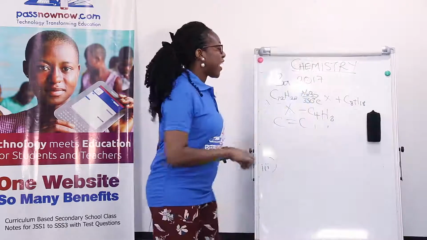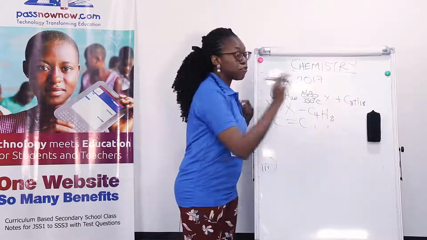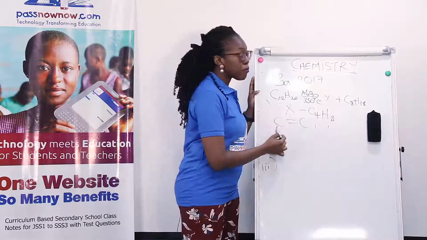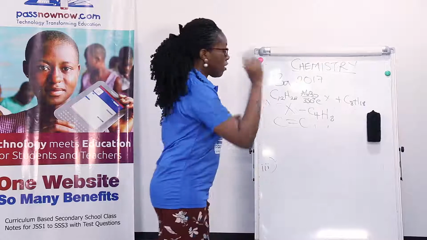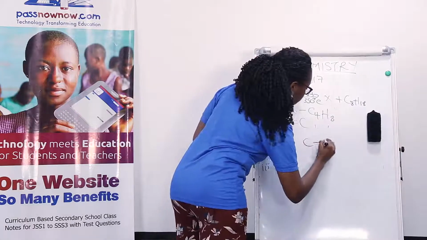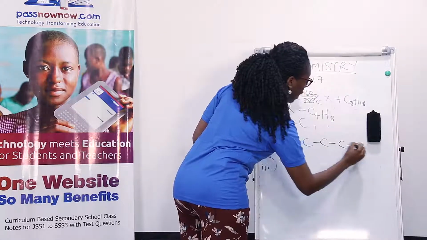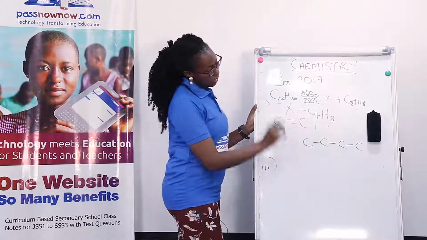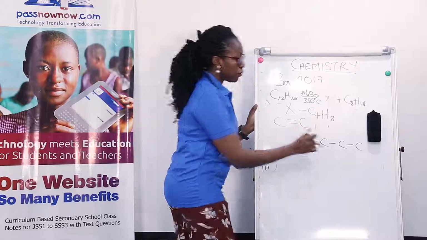Now, we know that alkenes have a carbon-to-carbon double bond, meaning every isomer we will draw for X must have a carbon-to-carbon double bond. We'll start by first writing 4 carbon atoms. Now, we'll look for a position to place the double bond. We can place it here.